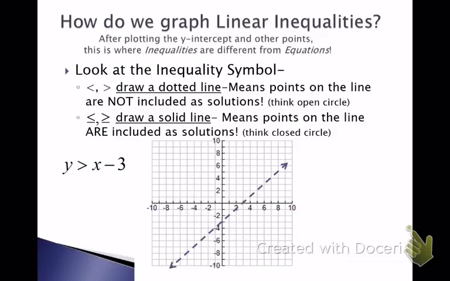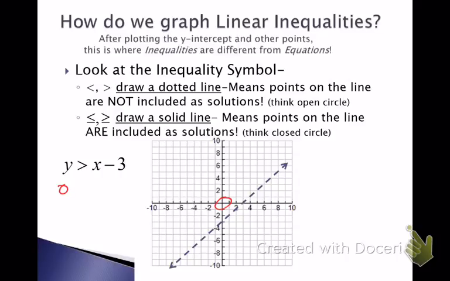Now, there are actual solutions to this. Right now we haven't shown any solutions because the points on the line are not solutions, but there are solutions. For example, let's check this point, (0, 0). It's not on the line, which is good because points on the line are not solutions. We just established that. Let's check (0, 0) and see if it is a solution.